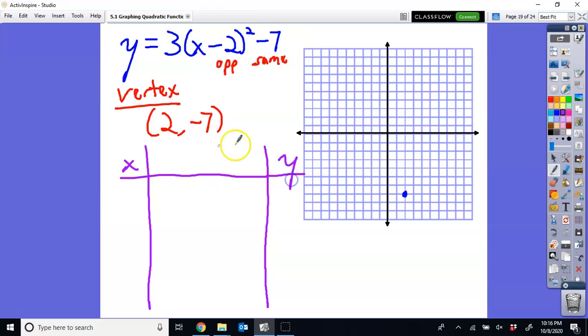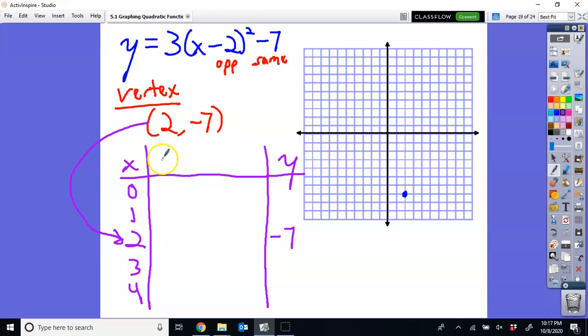The only major difference is when I put this in the middle, I already have the x and the y. So I don't actually have to plug in 2. I've already got the x and the y. What are some numbers that are smaller than 2? 1 and 0. What are some numbers that are bigger than 2? 3 and 4. It's counting, guys, and I'm not trying to make anybody feel stupid. It's 0, 1, 2, 3, 4.